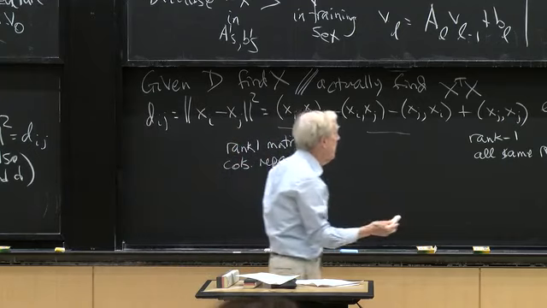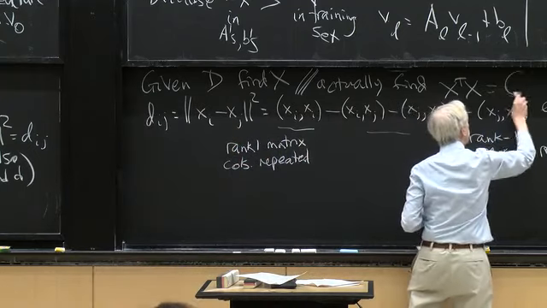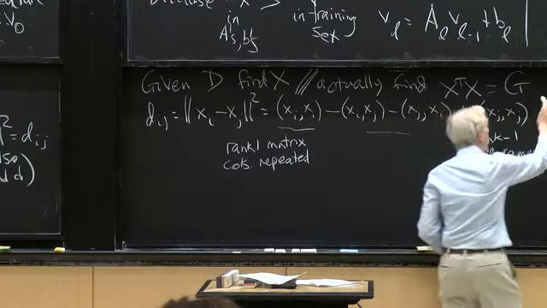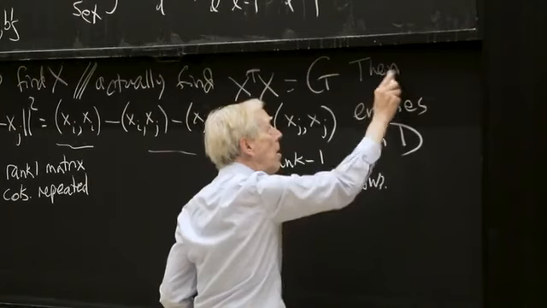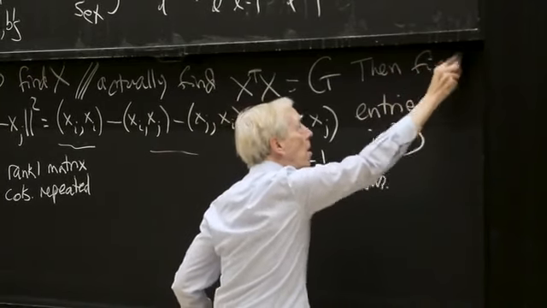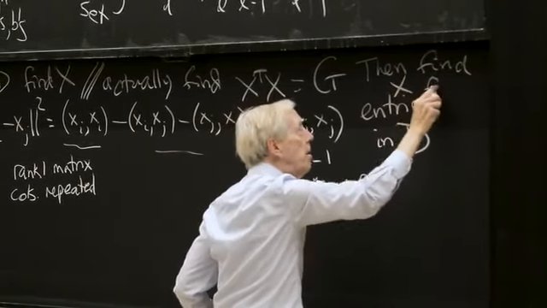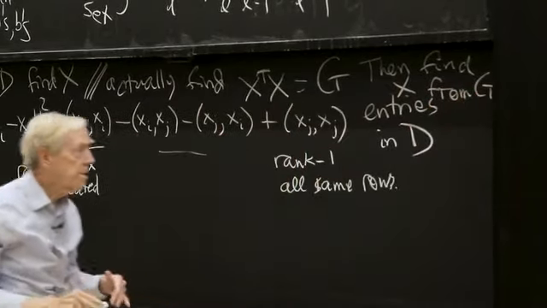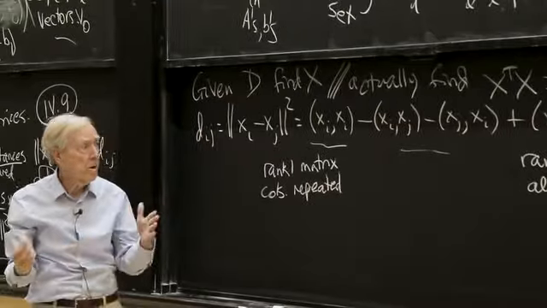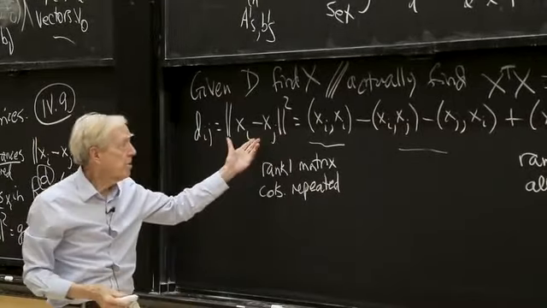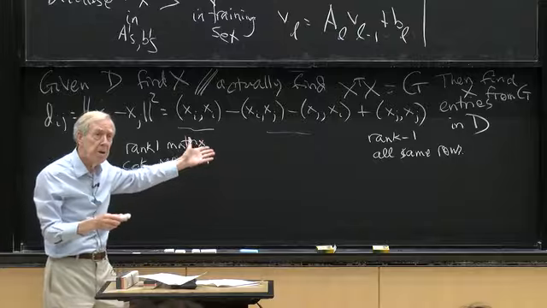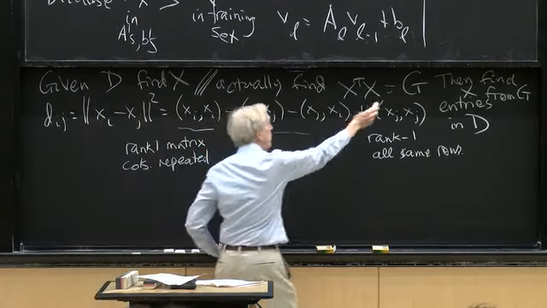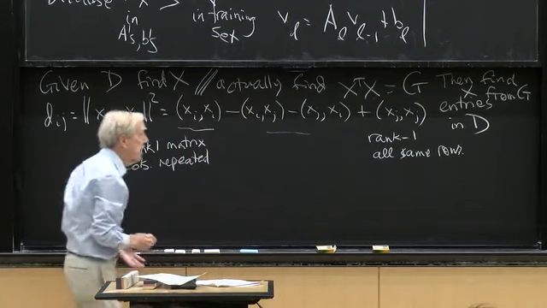Let's call this matrix G for the dot product matrix, and then find X from G. So this is a nice argument. What this tells me is some information about dot products. So this is telling me something about the G matrix, the X transpose X matrix.